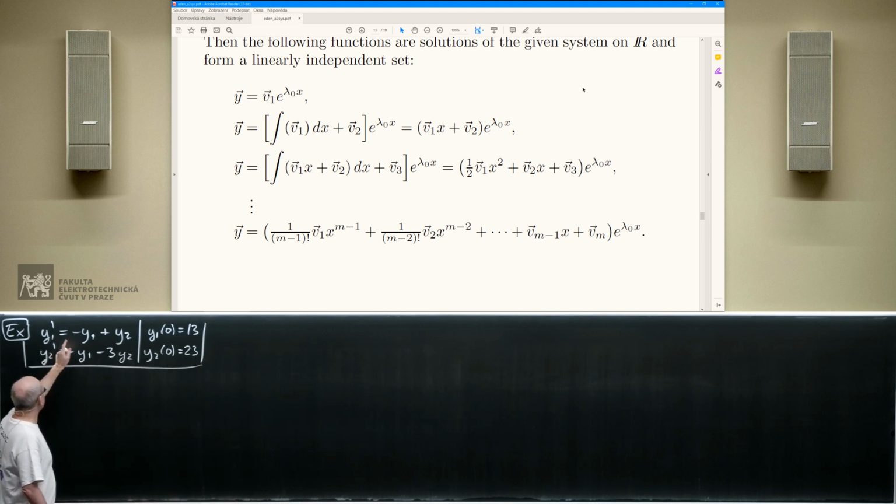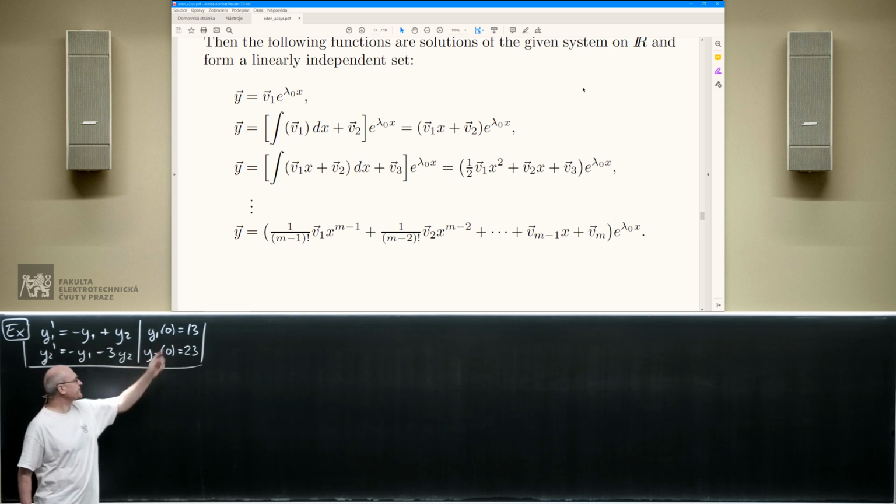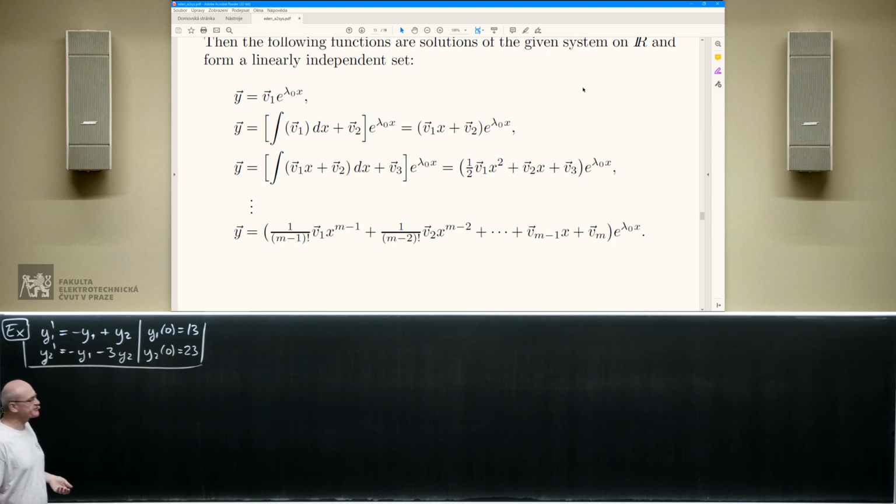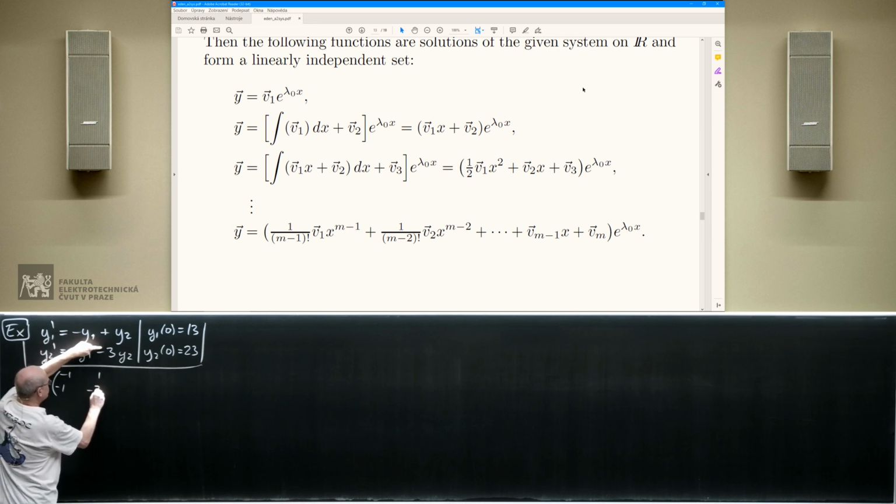Let's see. Here I have a 2x2 system, and just for the sake of completeness, I also added initial conditions so that we can review initial value problems at the end. Okay. Let's work it out. 2x2 system, I change it into matrix form, which I'm too lazy to write down. I just mark the matrix of the system, which is -1, 1, -1, -3.